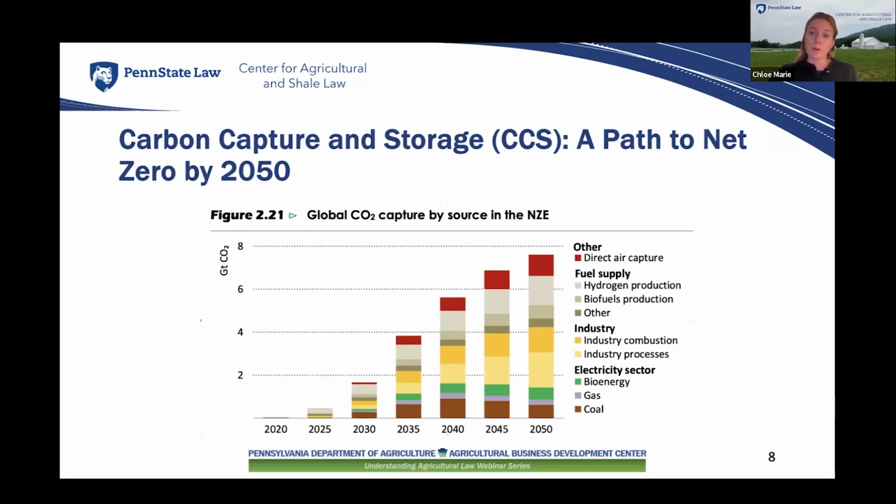We notice shifting trends where, over time, the reliance on fossil fuels such as coal and natural gas decreases, while bioenergy and direct air capture become more important. According to the IEA, this growth reflects the need for strong policy support, technological innovation, and investment in CO2 capture infrastructure to achieve that 2050 goal of net zero emissions.